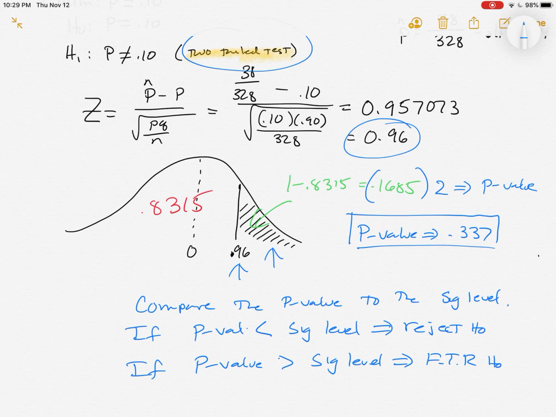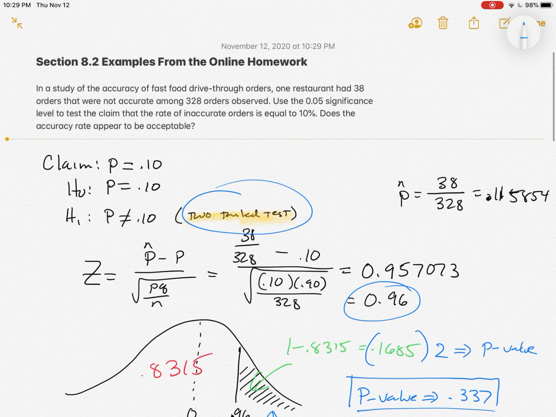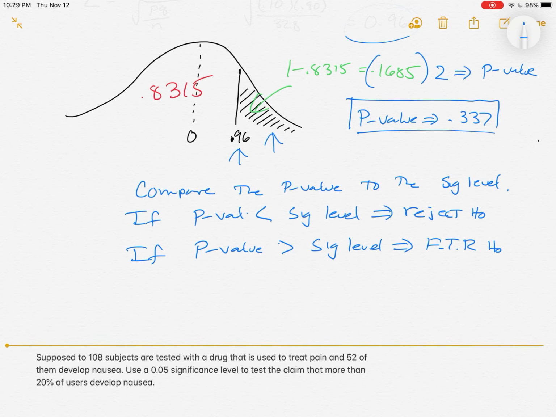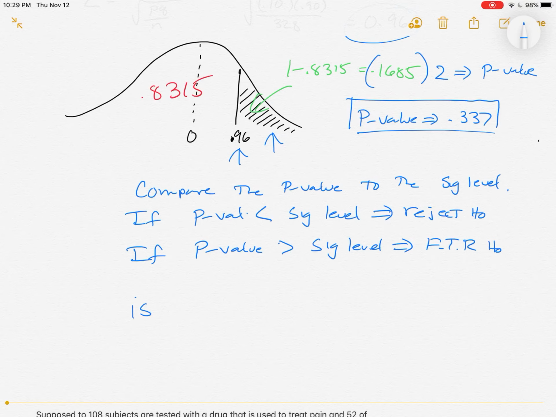So let's see what happens. What's our significance level in this problem? A 0.05 significance level. So the question is, is 0.337 less than 0.05? And the answer is no, it is not. What does that mean? That means we fail to reject the null hypothesis.